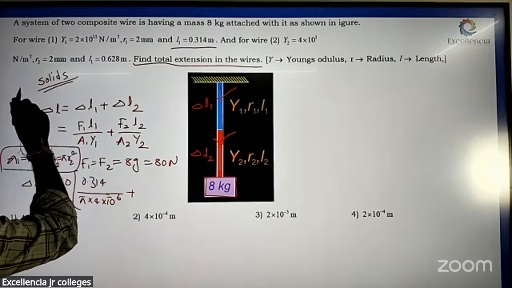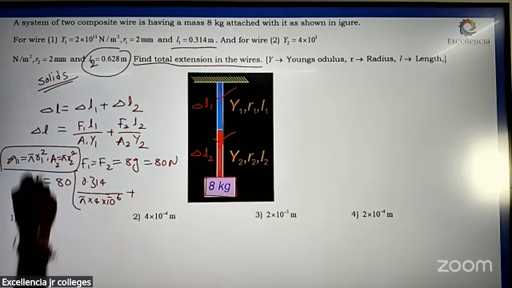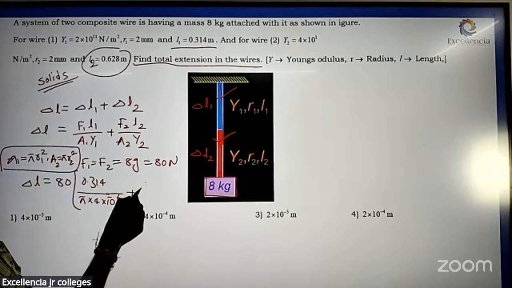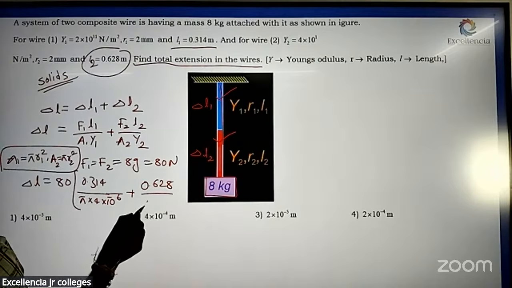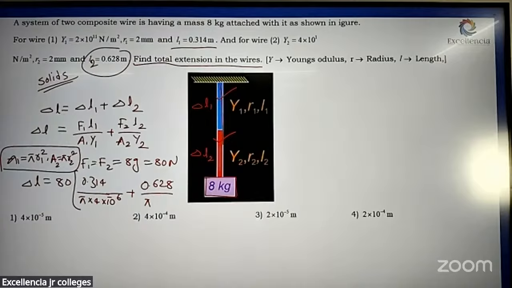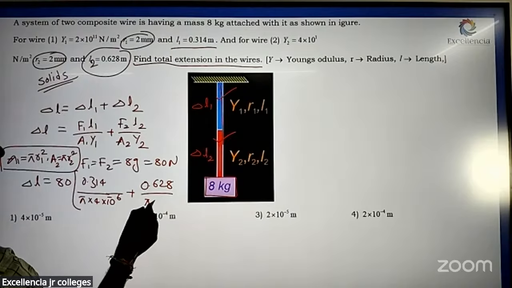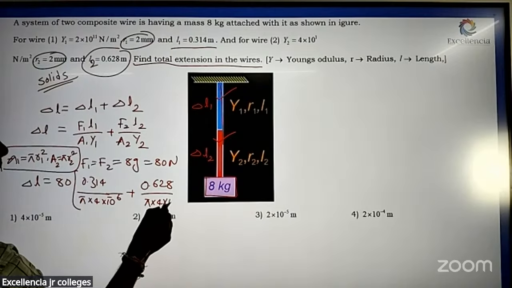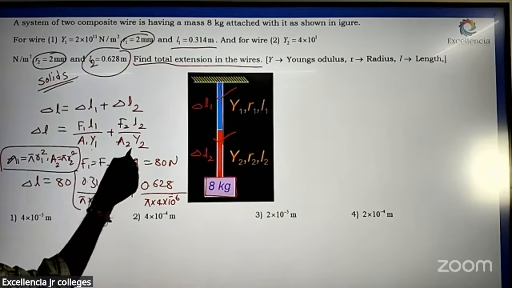The L2 value will be 0.628 by pi into R2 squared. R1 and R2 are both given as 2 mm, so 4 into 10 to the power minus 6. We forgot to write the Y1 value.